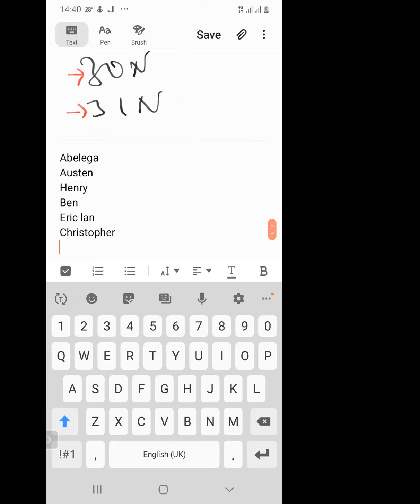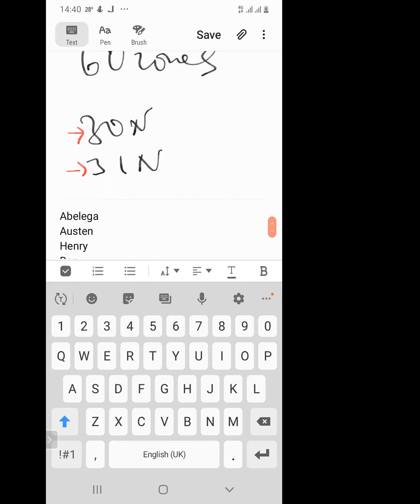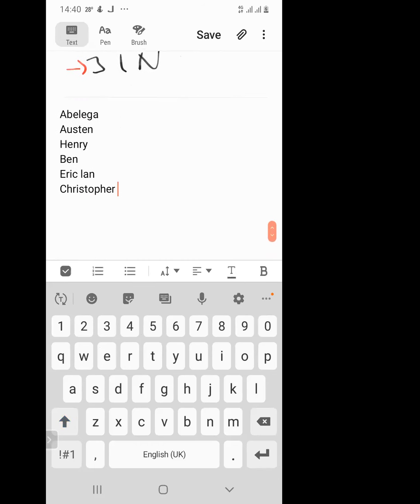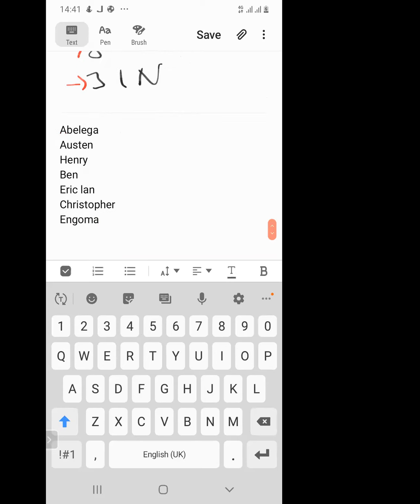So these are a number of people who have been showing up actually. 1, 2, 3, 4. Okay. Ingoma, sir. Okay. Okay, great. ENG, sir. Is that fine? That's fine. Okay, great. All right. So let's go back to the zones.